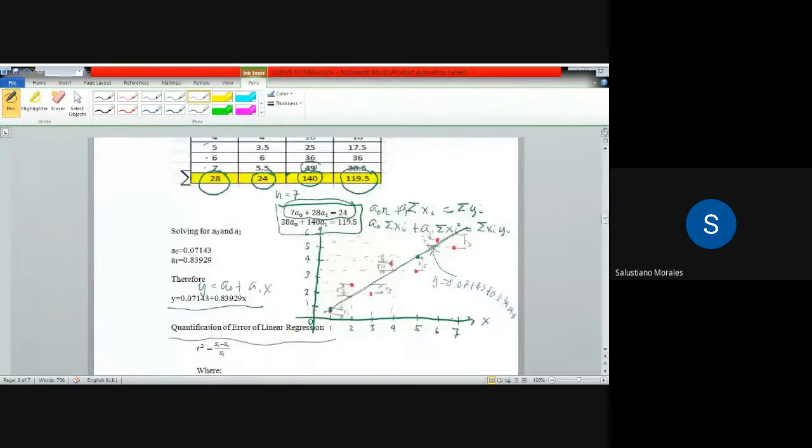Sa drawing natin kanina, if we consider a no fit, maybe ang na-derive natin na equation is maybe pa ganyan. Ito yung equation natin ng straight line. So there's no relation with that line to the given data points.